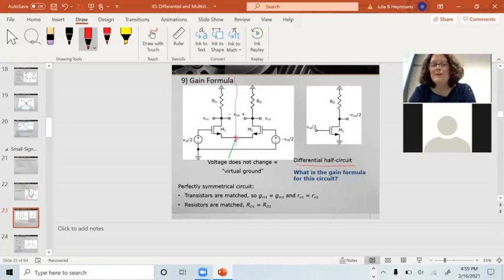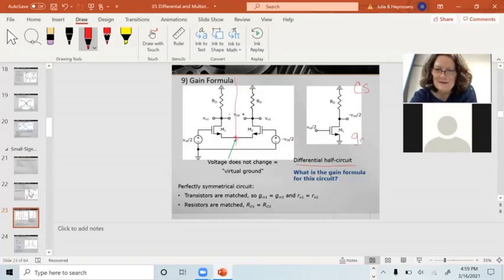What kind of amplifier do I have in the half circuit? Input on the gate, output on the drain. Common drain? Common source, good, thank you. It's a common source amplifier. What is the gain of a common source amplifier?